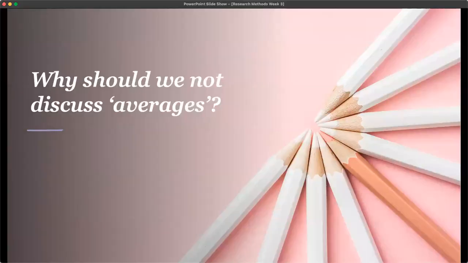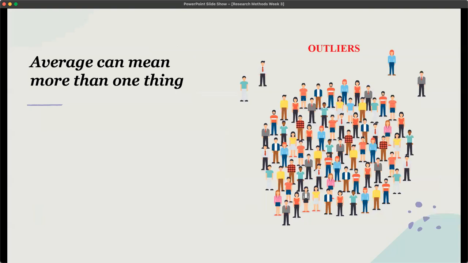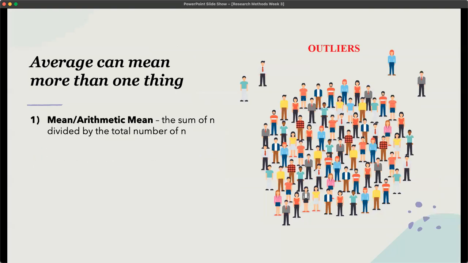And so first, when we're looking at descriptive statistics, one thing that we should never discuss is the word average. The average number of participants responded. And so the question, why don't we use the word average? Well, average can mean more than one thing. So first, an average can refer to the mean or the arithmetic mean.